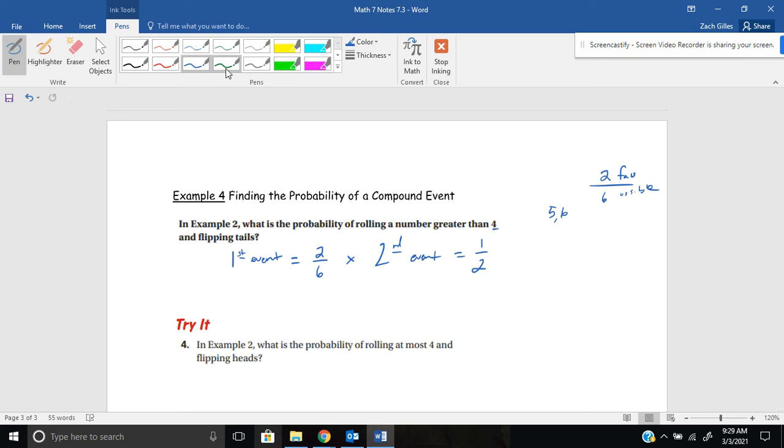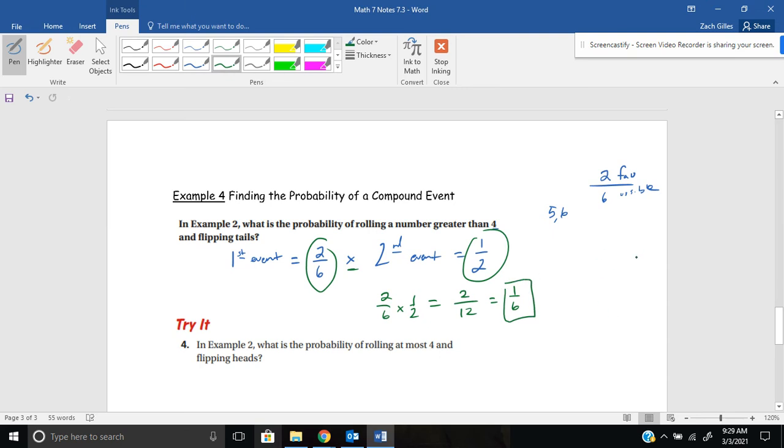So all I need to do is multiply 2/6 times 1/2. I'm multiplying my 2 events together. So 2/6 times 1/2. 2 times 1 is 2. 6 times 2 is 12. And 2 twelfths simplifies down to 1/6. So the probability is 1 out of 6.